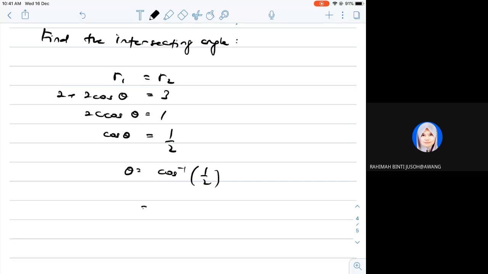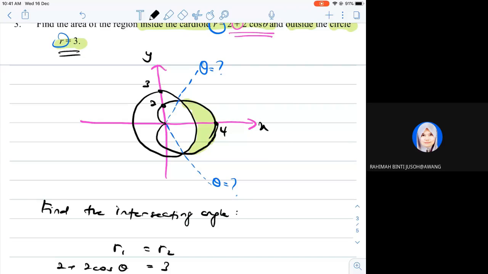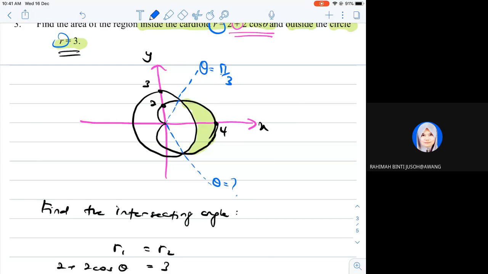You should get what? Theta equals pi over 3. Yes, pi over 3. So here, the upper one equals pi over 3, and the lower one is also pi over 3. Sorry, negative pi over 3.